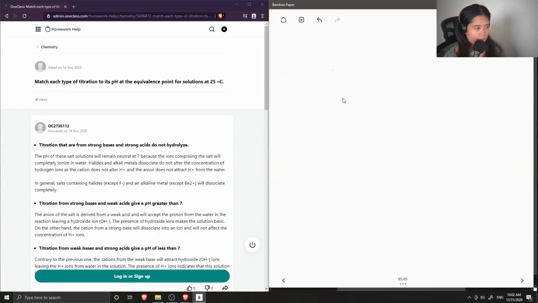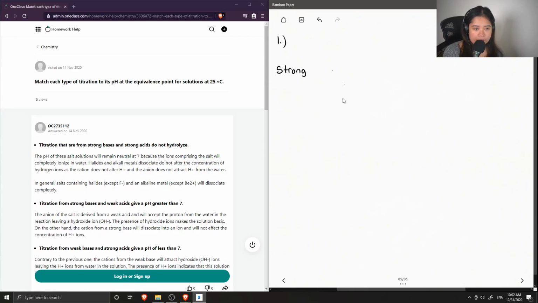Okay, so question 1 says to match each type of titration to its pH at the equivalence point for solutions at 25 degrees Celsius. So I'll just write all the different types of titrations.